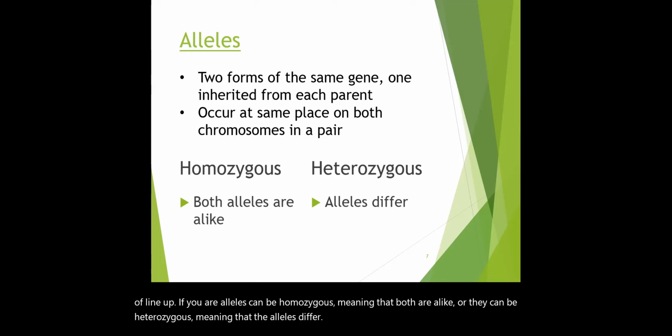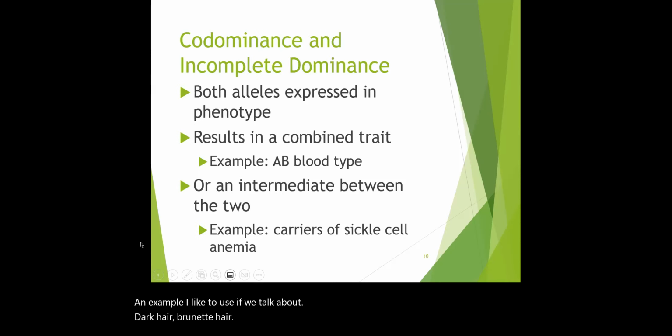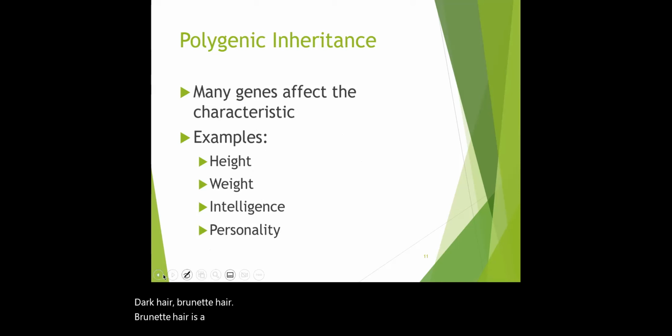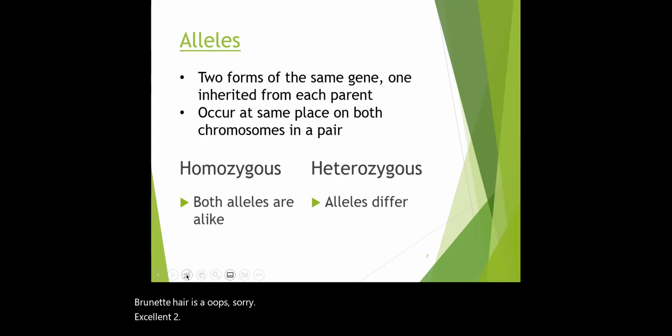So an example I like to use is dark hair, brunette hair. You might get 2 copies of brunette hair, one from, again, each of your biological parents.